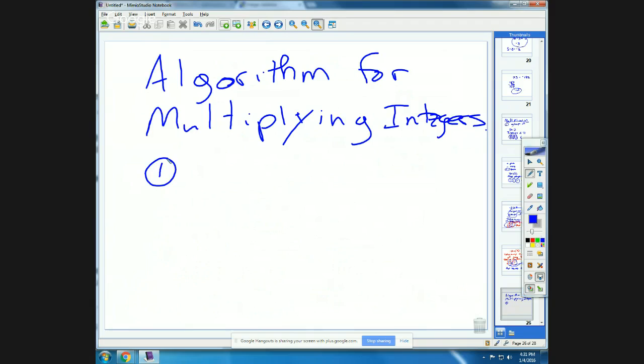What's another word? Steps. Another one? Could be formula. Yep. A word that starts with P, Procedure, or process. So an algorithm is a set of rules, a set of steps, a process, a procedure. It's all of this. We just happen to be fond of that word in math, algorithm.